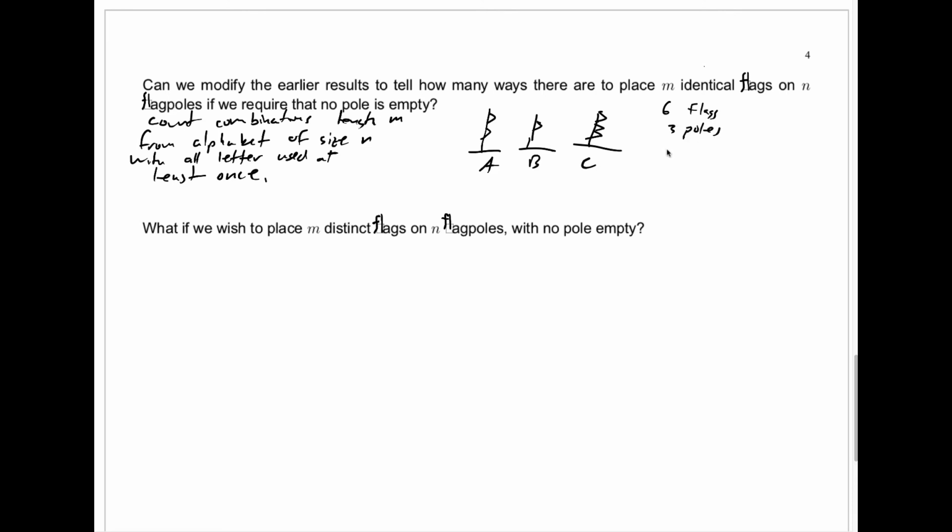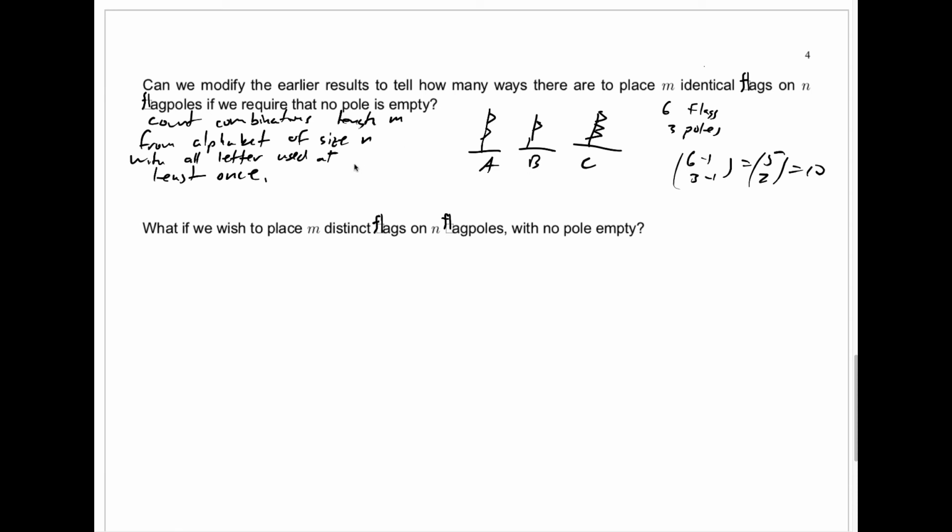If we demand that no pole is empty, the number of ways to do that comes from the similar thing for distributing identical balls into distinct boxes. We'll just have 6 minus 1 choose 3 minus 1, which is 5 choose 2, or 10 ways to do it. That's with no pole being empty.